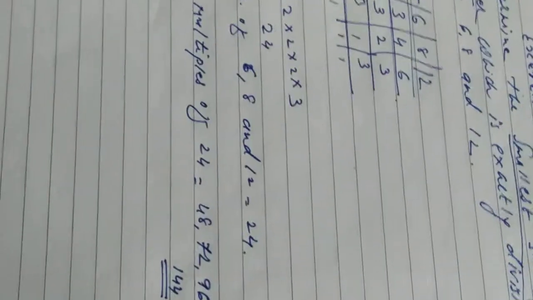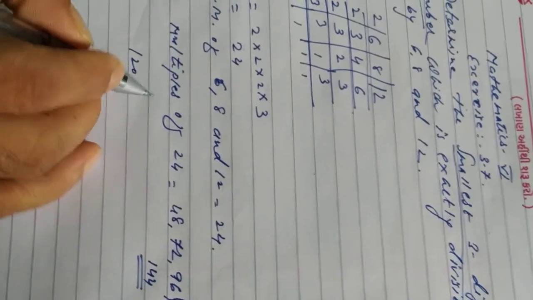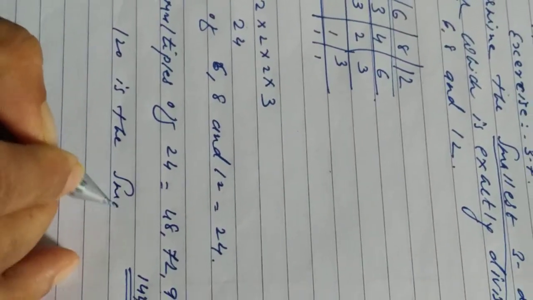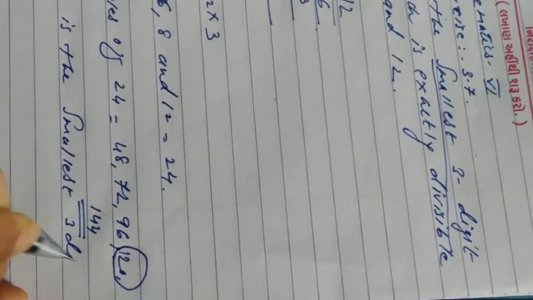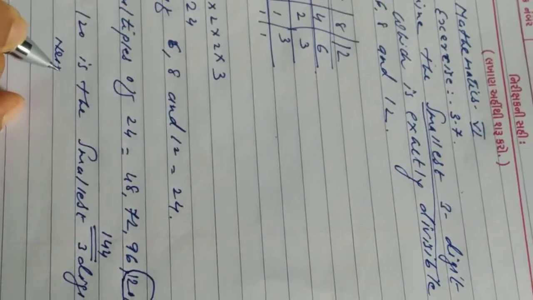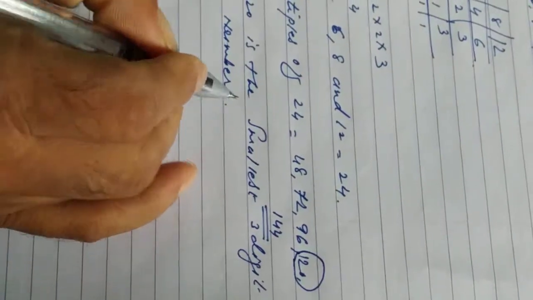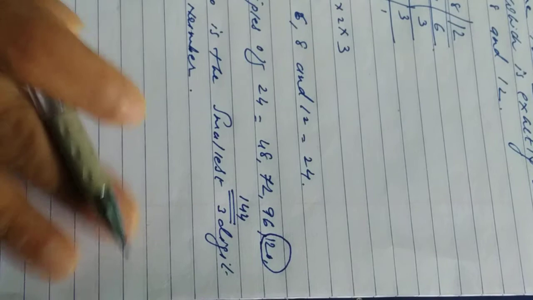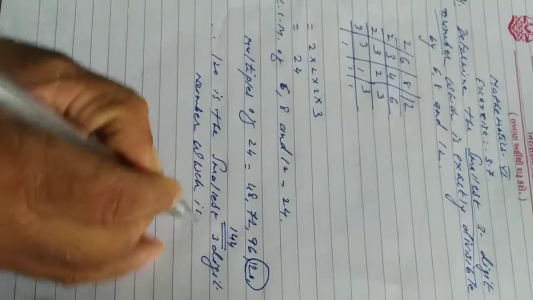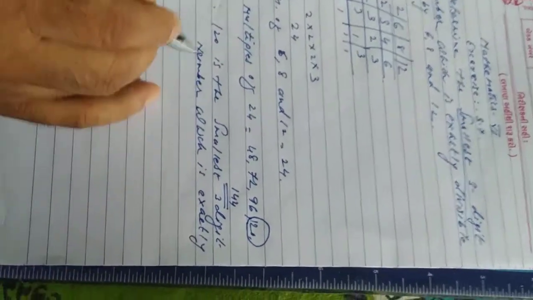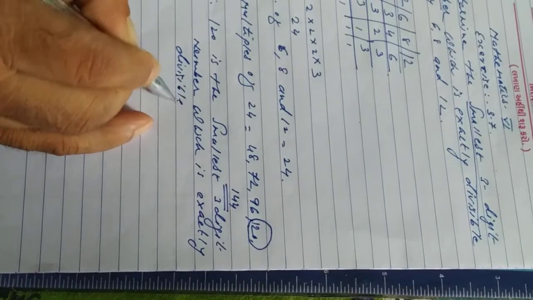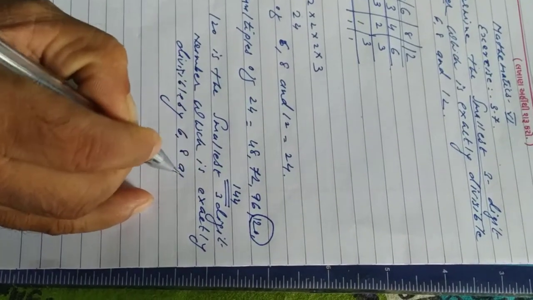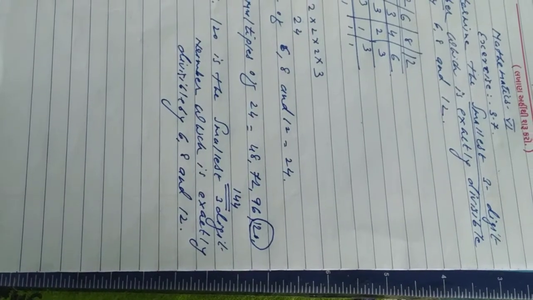So we can say here 120 is the smallest 3-digit number which is exactly divisible by 6, 8 and 12. Got it?